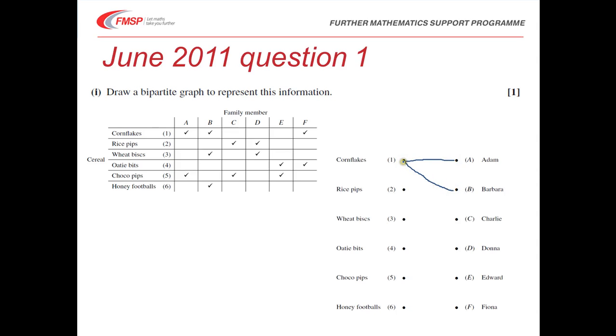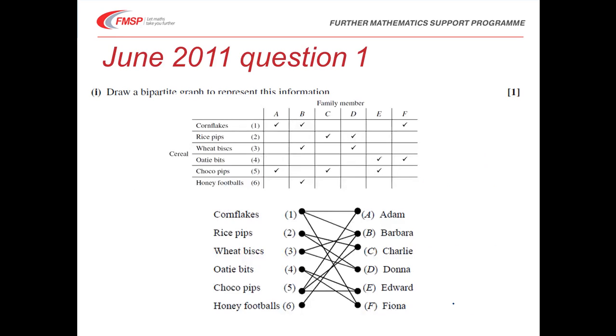Or F, Fiona, also likes cornflakes. So we could match those up and so forth. That's what you would get on the insert. I'm just going to show you the completed answer. Fairly simple. It's just a matter of making sure that you check that you've got that diagram correct. Always worth a check, because if that's not right, then you can go wrong later on.